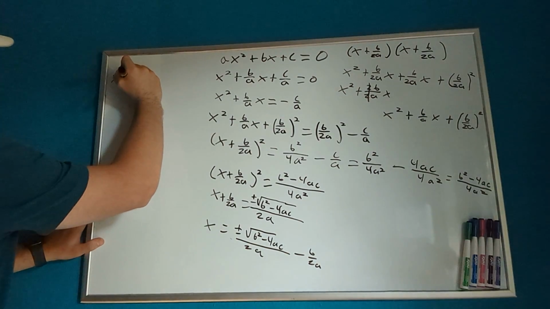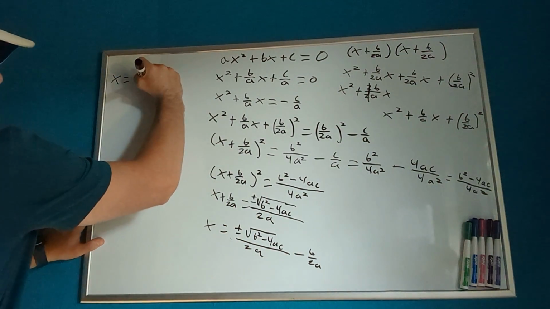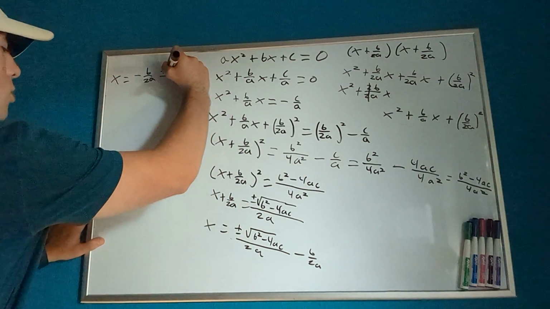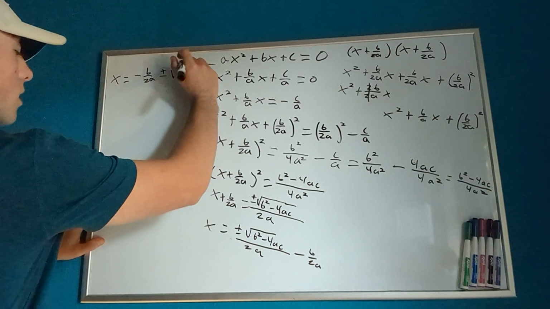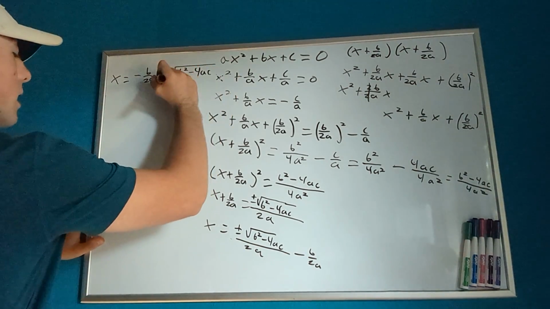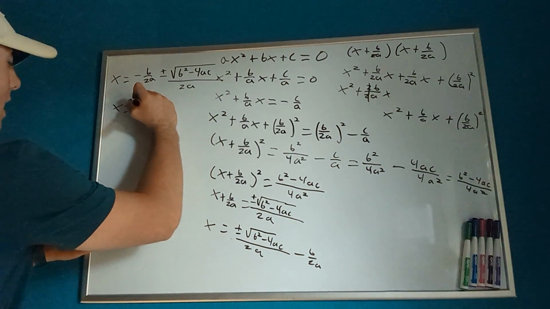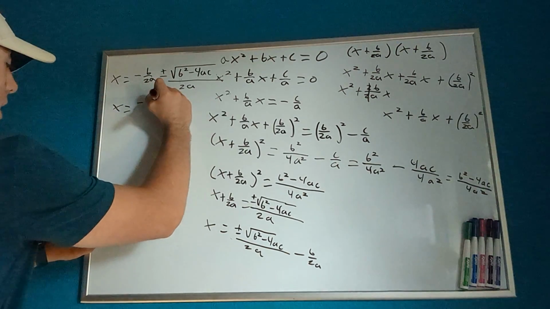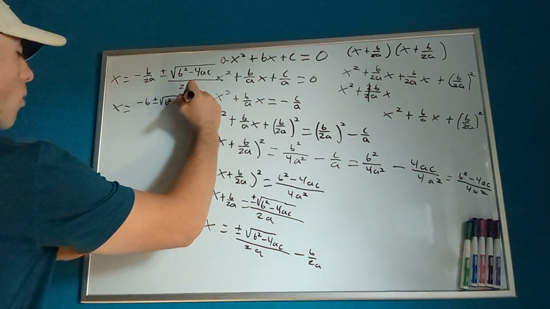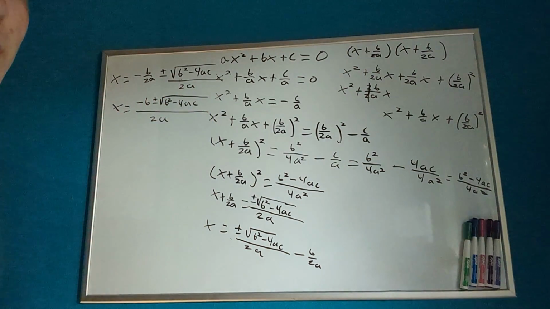We get x equals, we can rewrite that as negative b over 2a plus or minus the square root of b squared minus 4ac over 2a. And then we can rewrite that as negative b plus or minus the square root of b squared minus 4ac, all over 2a. There's our quadratic formula.